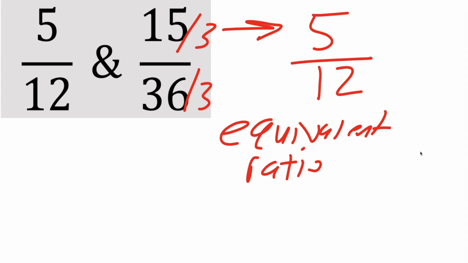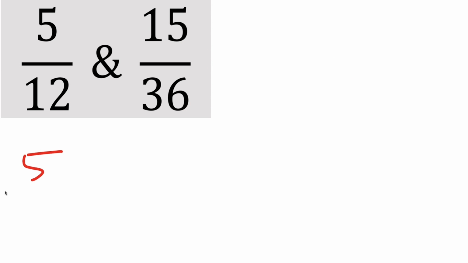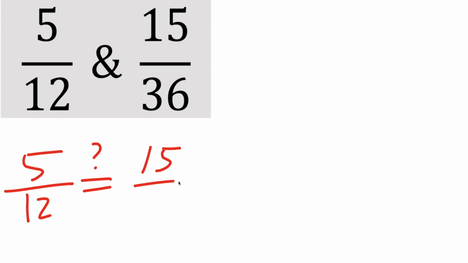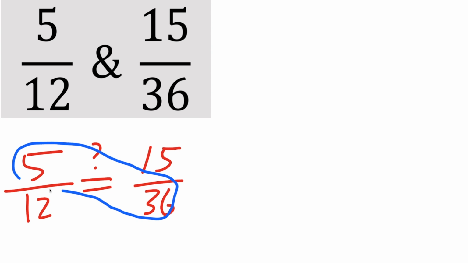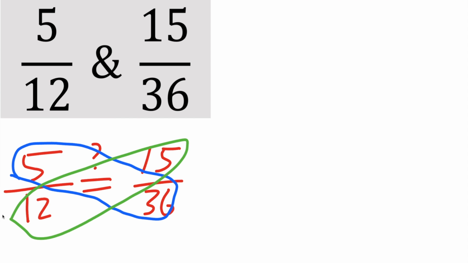I'll show you also using the cross product method. So we write 5 divided by 12 is equal to, with a question mark, 15 divided by 36. Do our cross multiplication. So this cross with this cross.